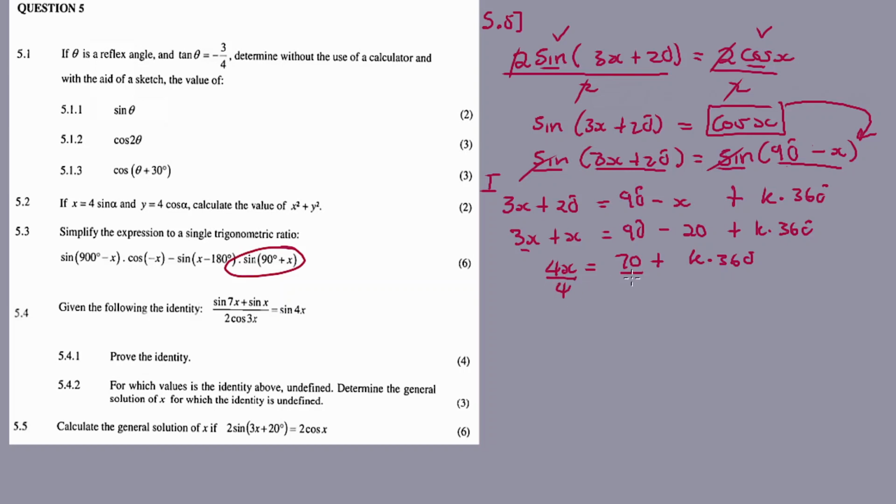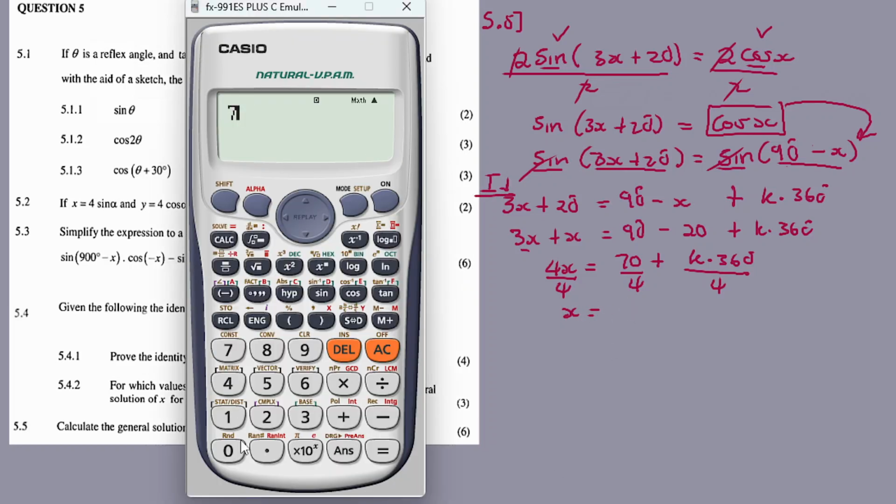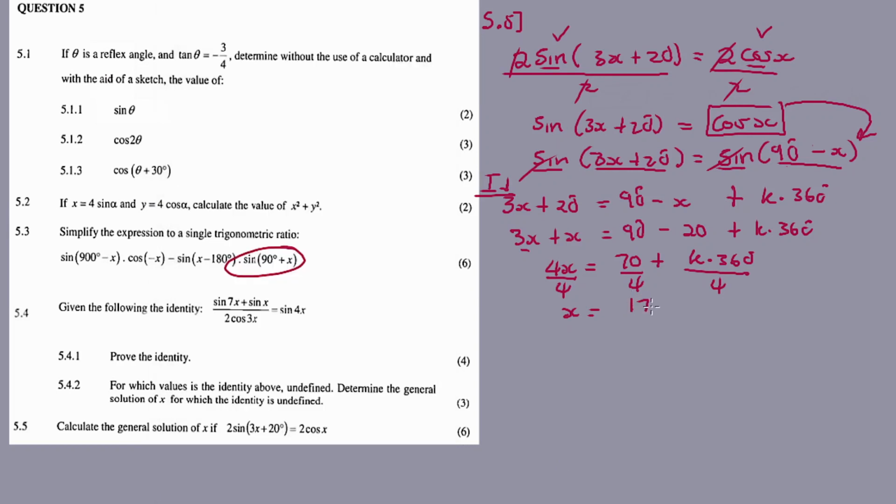Divide by 4: x equals 17,5 plus k times 360, where k is an element of integers.